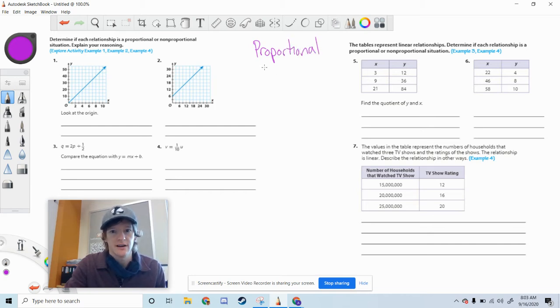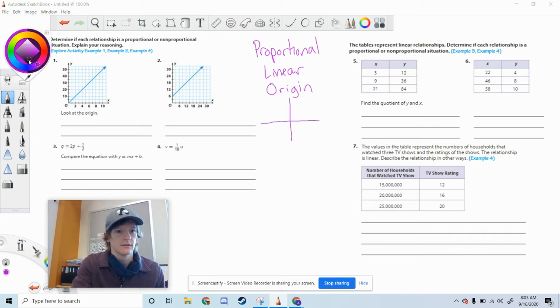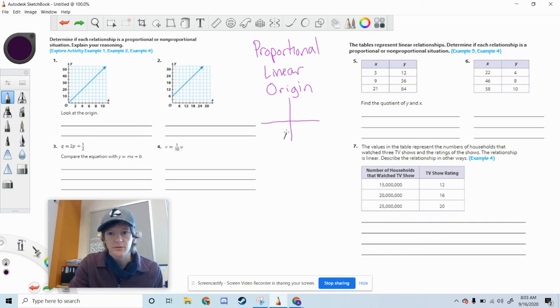Proportional is a straight line, it's linear, and it goes through the origin. Okay, so all proportional relationships look like something like this. Well, that was close, almost went through the origin. There we go. So they all go through the origin. Those are proportional relationships.